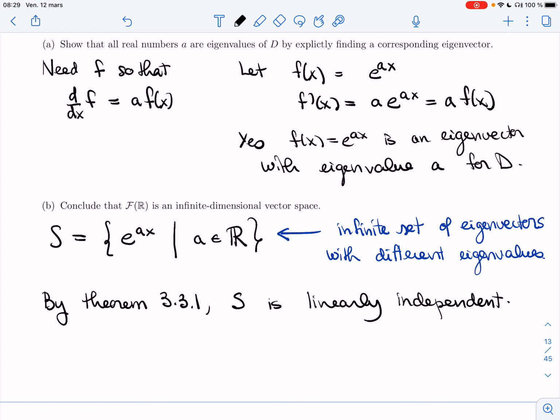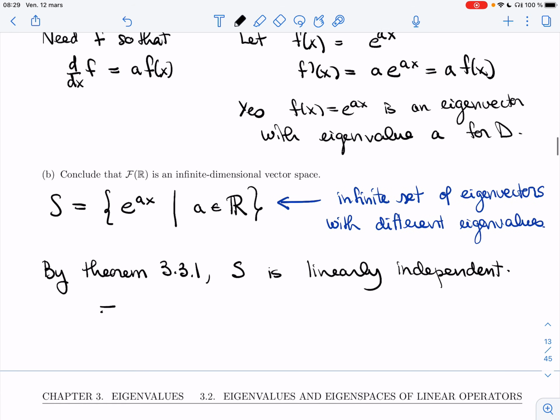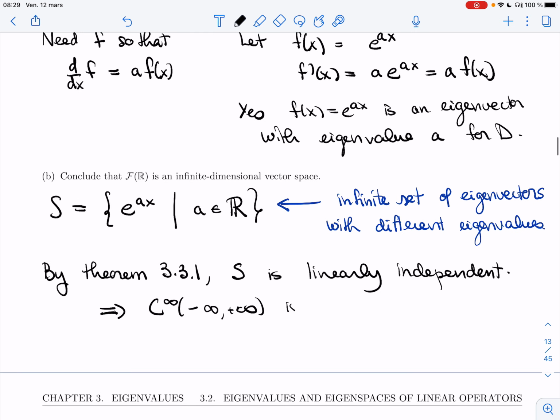And so any vector space that contains S and has the same operations as the function space would be infinite dimensional. So that means C infinity of minus infinity to plus infinity is infinite dimensional.